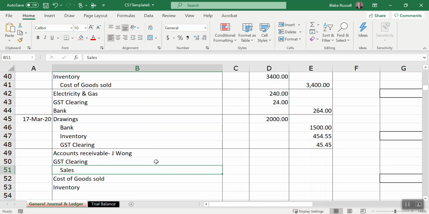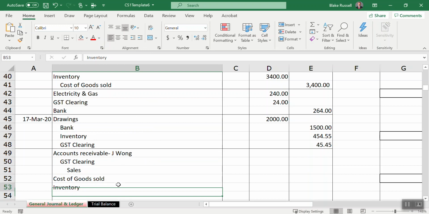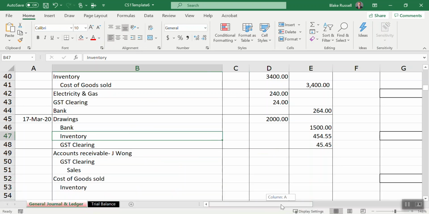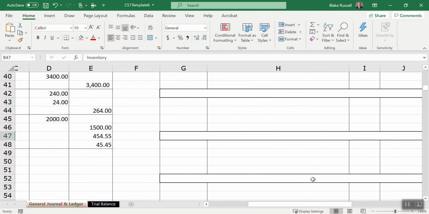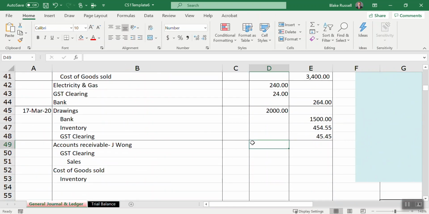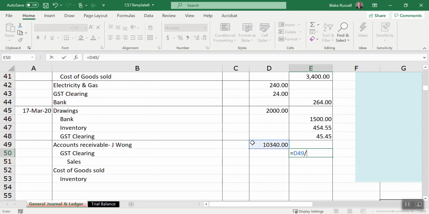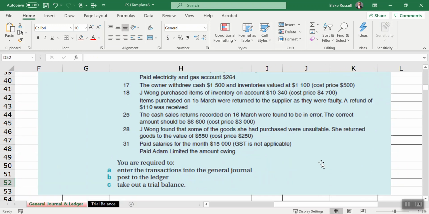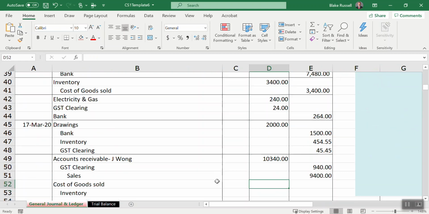They're going to be credits. 10,340, and 4,700.